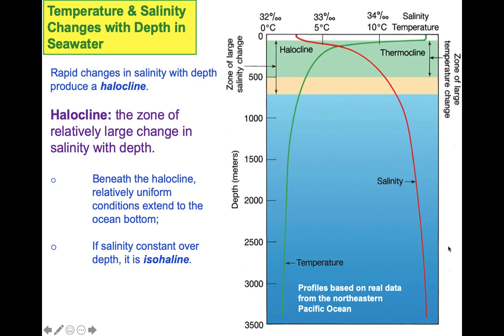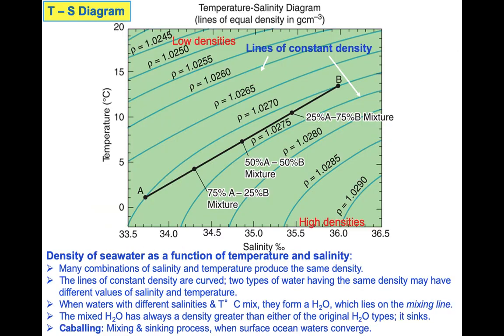So just after 2,000, 2,500 meters, the salinity of the seawater is pretty much the same. This part of the salinity profile we call isohaline, iso meaning the same, and haline referring to the same salt content, basically the salinity of seawater.